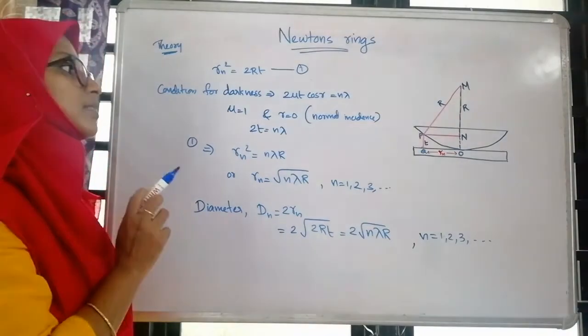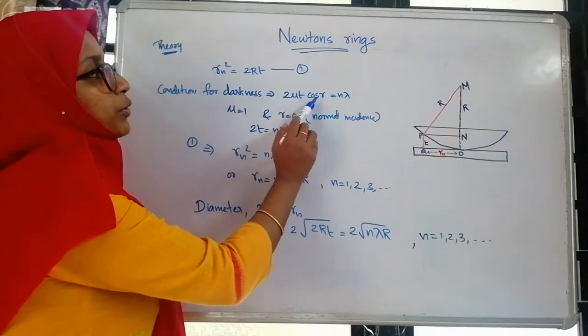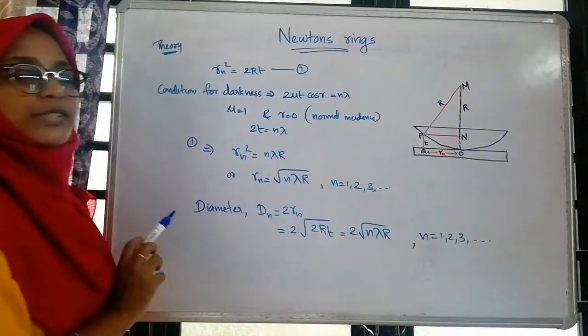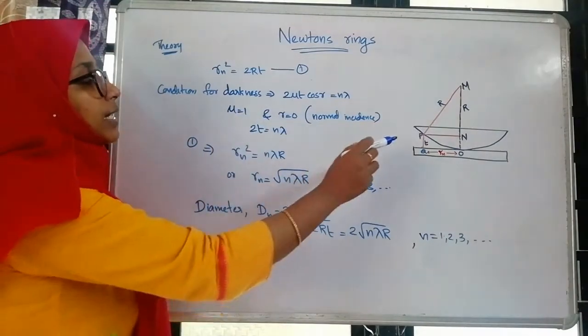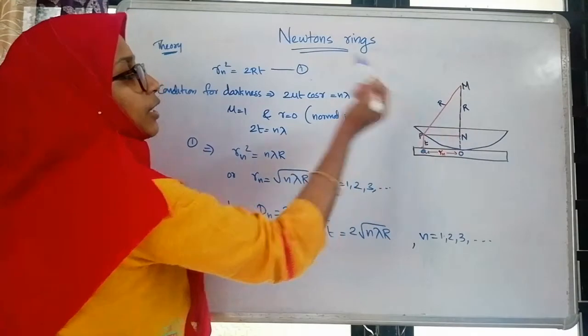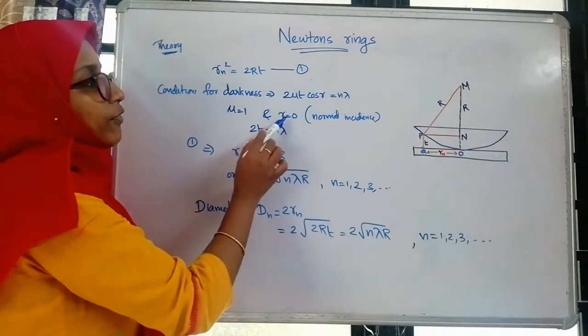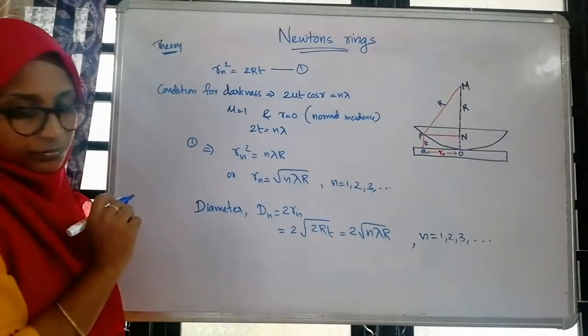we have already discussed in the case of normal incidence and oblique incidence the condition for darkness. So in case of oblique incidence 2 mu T cos r is equal to n lambda, which is the condition for darkness. And we know mu is equal to 1 as it is an air film, and r is 0 as the light is incident normally. So the angle of incidence is such that cos r will be equal to 1.